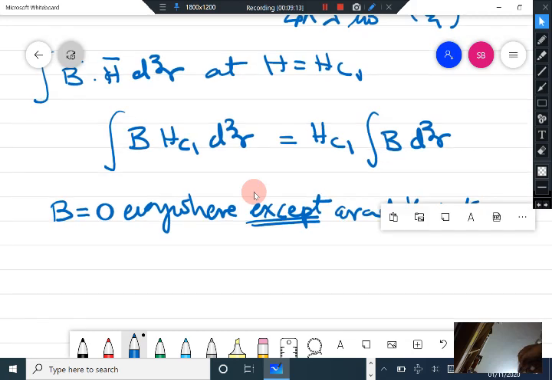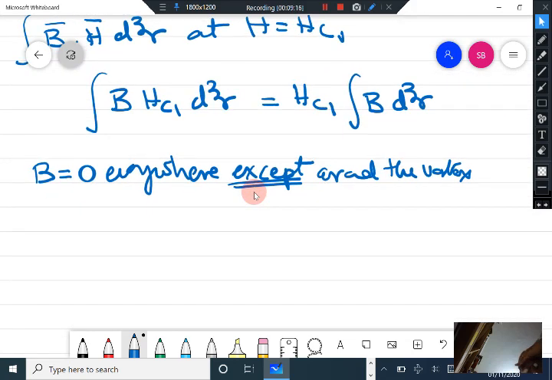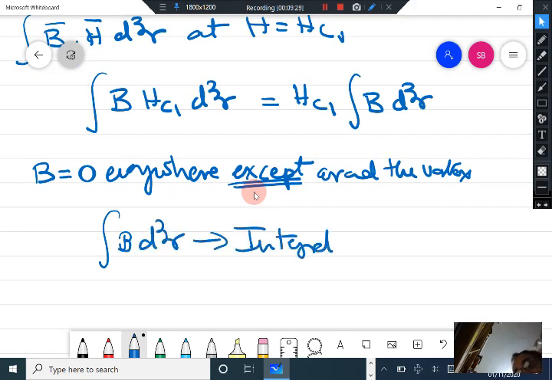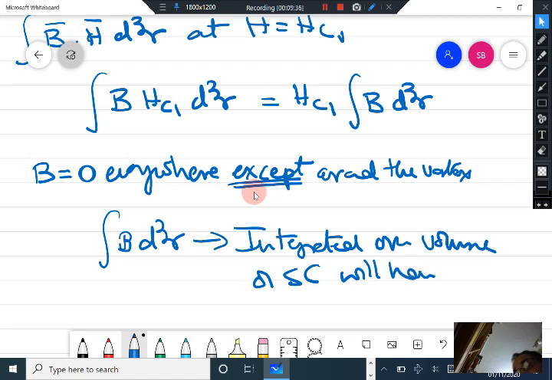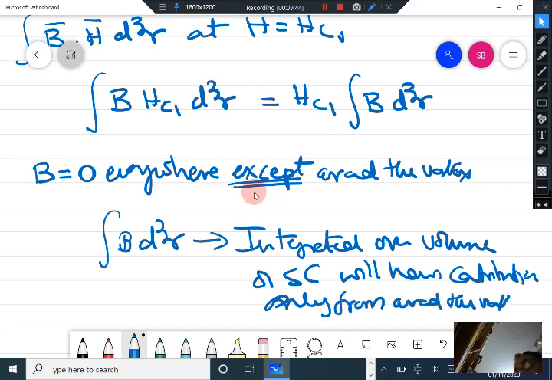So this integral of B d cube R, integrated over the entire volume of the superconductor, will have contribution only from around the vortex.